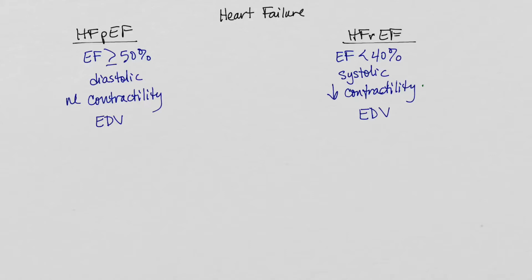So I think heart failure with reduced ejection fraction, with the loss of contractility and impaired pumping function, is a little more intuitive to understand than heart failure with preserved ejection fraction. To clarify this, I think it's useful to talk about the end-diastolic volume. The end-diastolic volume is synonymous with preload.